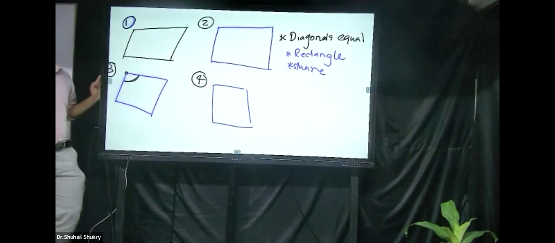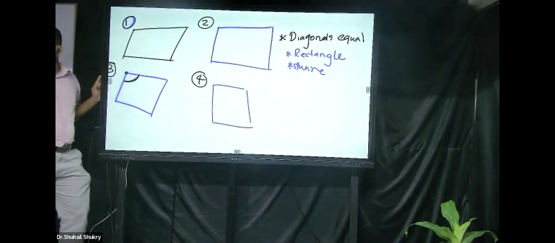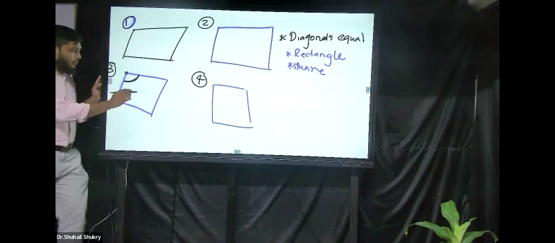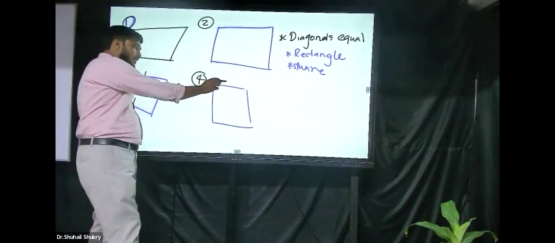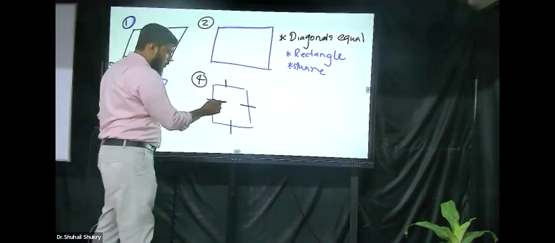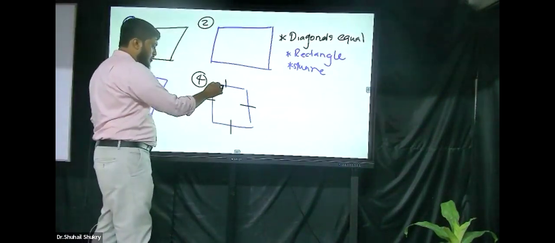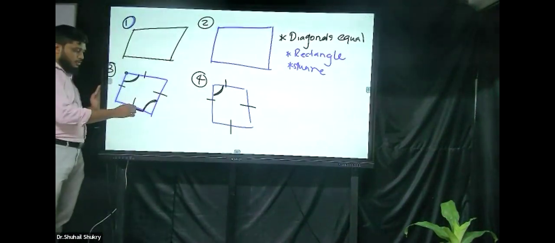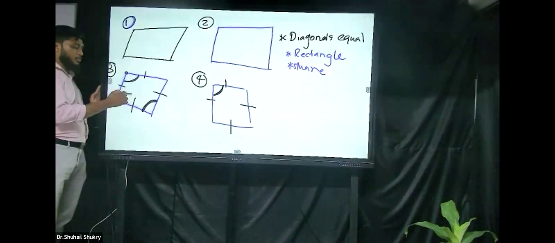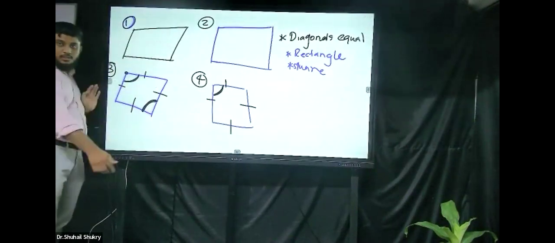The vertex angle is divided equally in only two shapes. If all four sides are equal, only then can they divide their vertex angle equally. I gave the example of good parents. Good parents only can divide things equally, since all sides are equal.